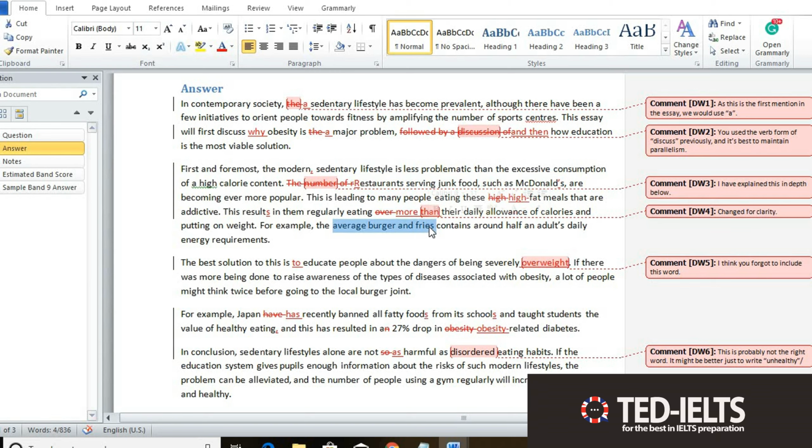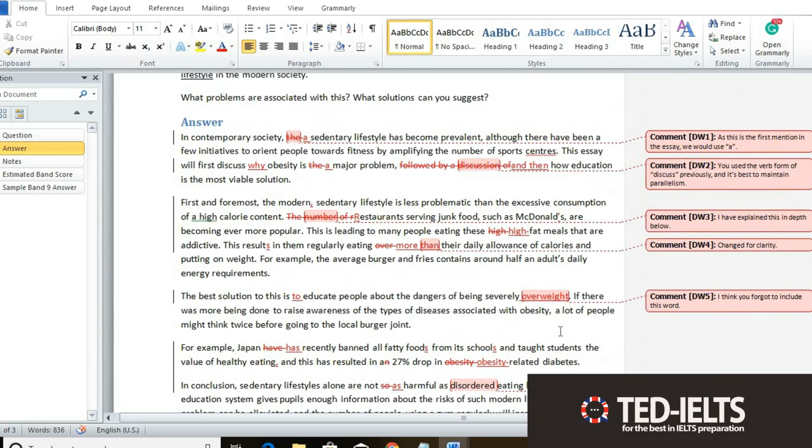Then he's talking about burgers and fries. Then he comes to the solution, and the solution is again talking about the dangers of being overweight due to going to the local burger joint. Good language, by the way. Then talking about fatty foods and obesity-related diabetes.